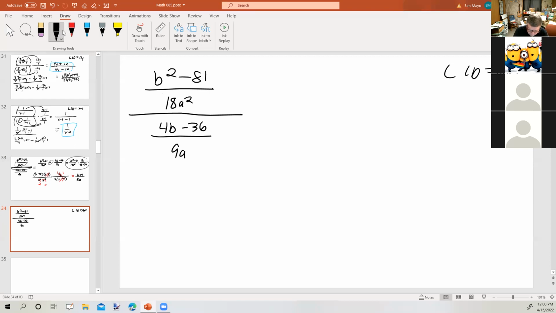Isn't it because 9 goes into 18 too? Yeah. Because this would be 2 times 3 squared times a squared, and this would be 3 squared times a. So you've got a 2, a 3 squared, and an a squared. So basically 18a squared is the LCD. Okay.